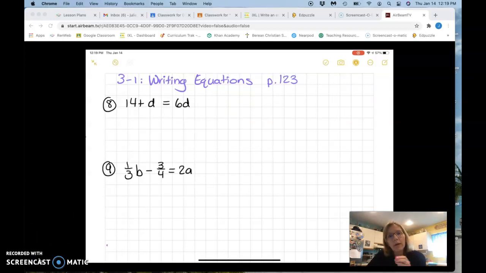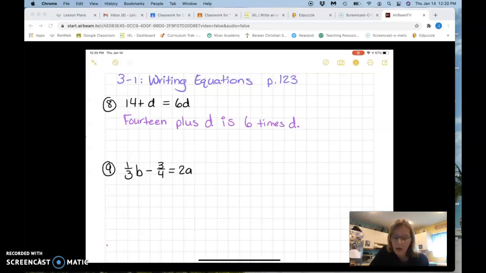So I'm just going to write this as words. So I'm going to say 14 plus d, or I could say a number d, is 6 times d. All right, just writing it as a sentence.